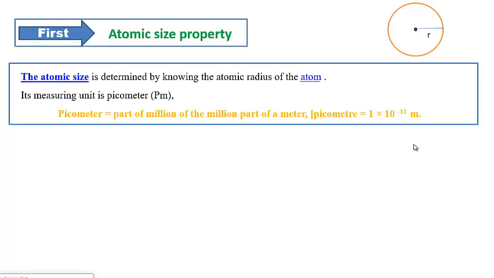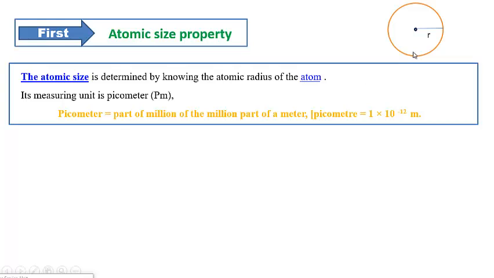What is the meaning of atomic size property? If I need to determine the atomic size, we must know the meaning of atomic radius. What's the meaning of atomic radius?